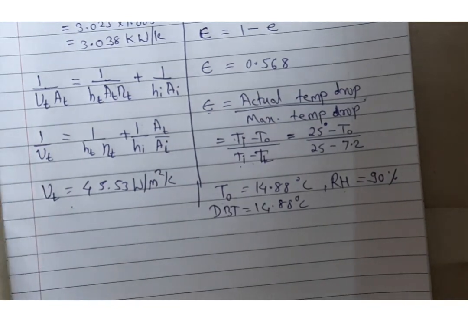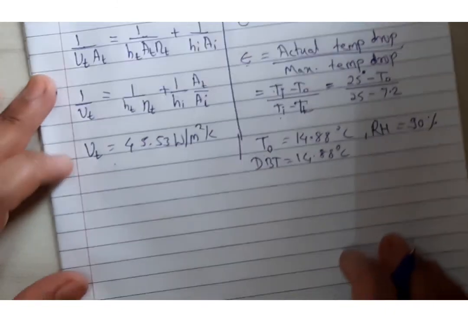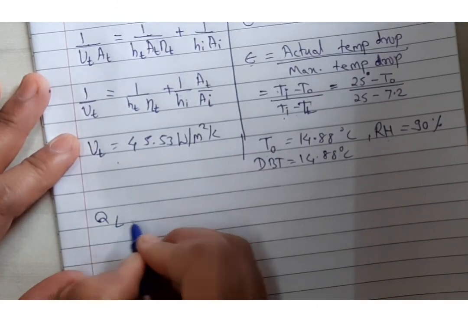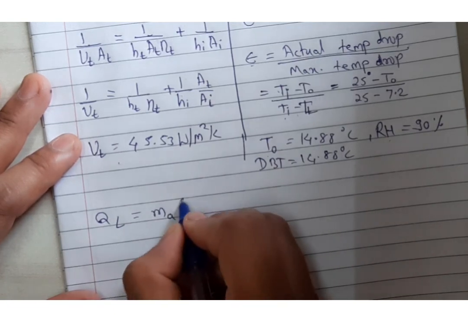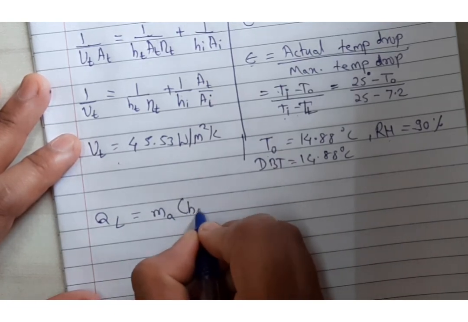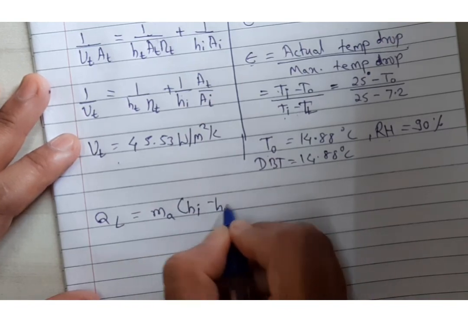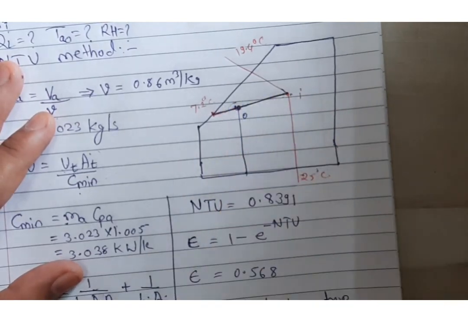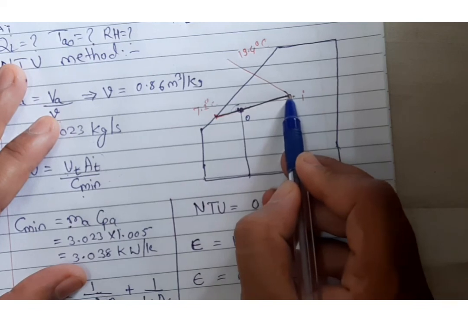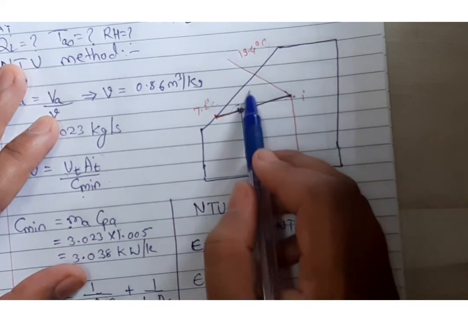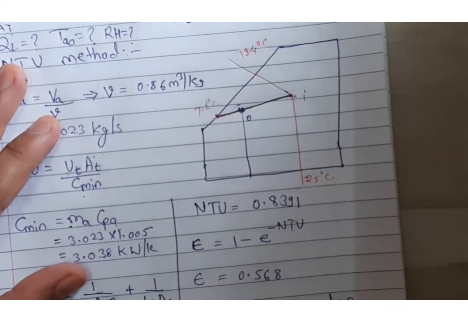Now the next thing is to find the cooling capacity, that is QL. So QL you can find by mass flow rate of the air into enthalpy drop, right? So HI minus HO. Now HI minus HO you can find from this process. Whatever the enthalpy at I and O, their difference will be HI minus HO.